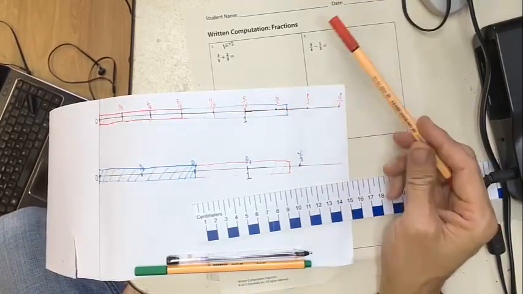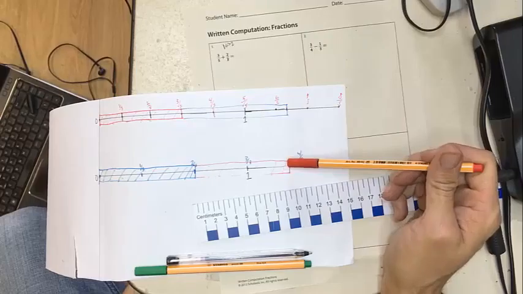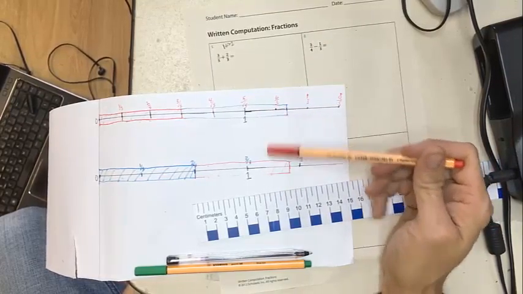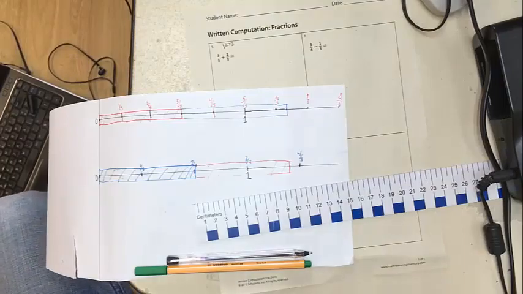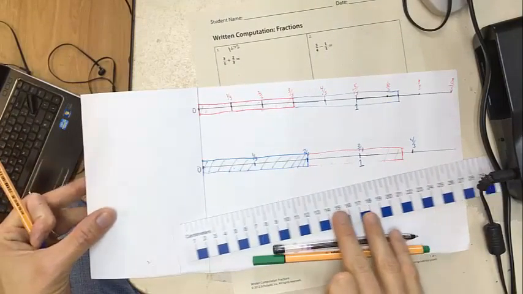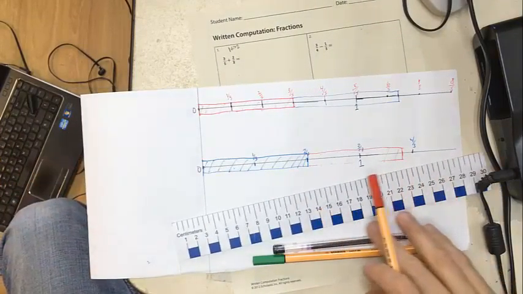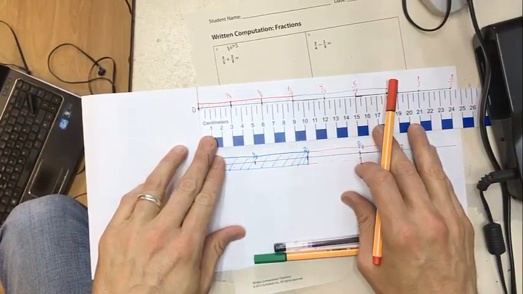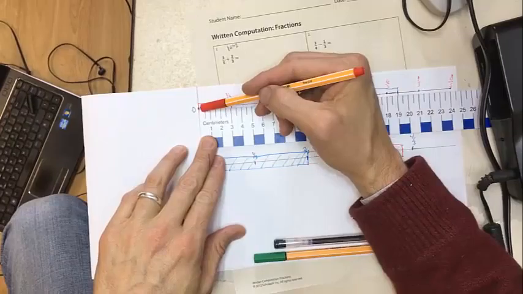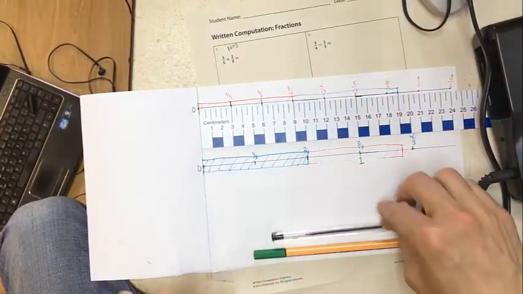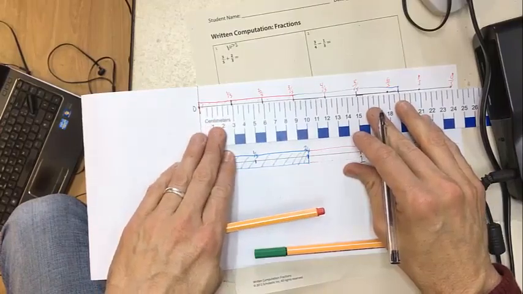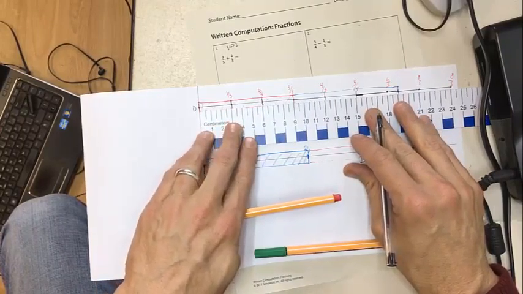We want to be able to split it into the same unit on each number line, so we can have some equality here. Let me think about this. Oh, wait a second. I originally did this as 15 centimeters, right? So I could split this into 15ths, right? Let's see if that works out here.